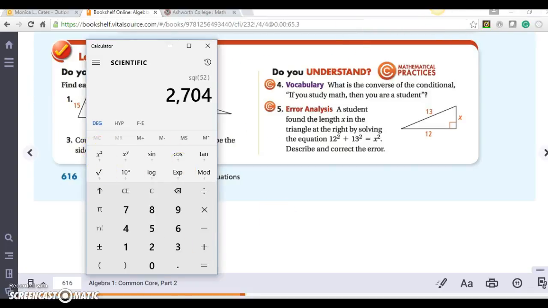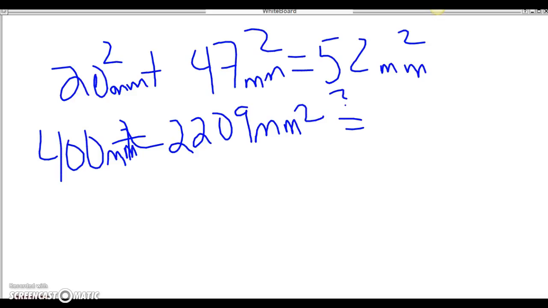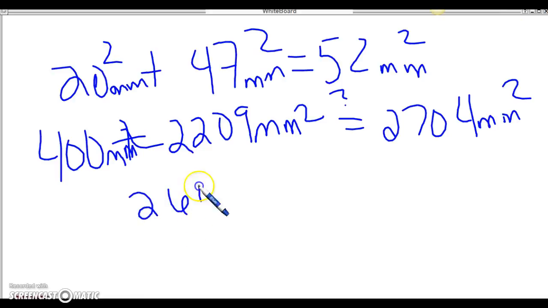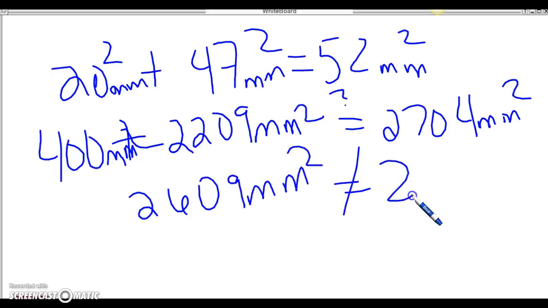It's 2704. And so when I added those, I got 2609 milliliters squared. So it's not equal to 2704 milliliters squared. So it's not a right triangle.